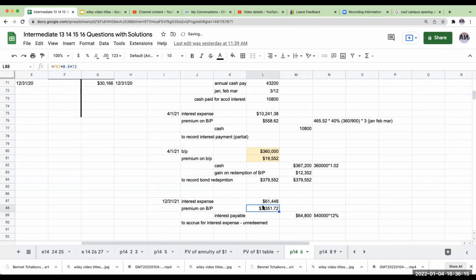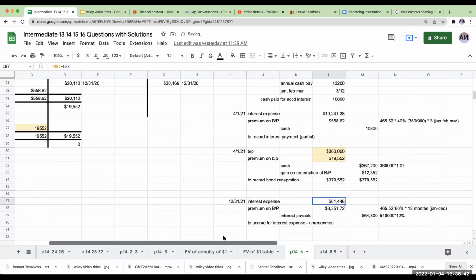Then for the premium amortization, I'm going to take 465.52 times 60% times 12 months. So this is outstanding from January through December. And when we're dealing with straight line amortization of the premium or discount, the remaining balance goes into interest expense.